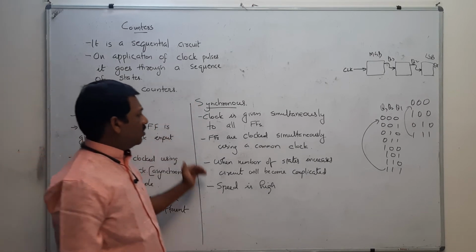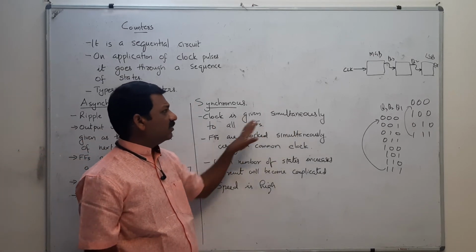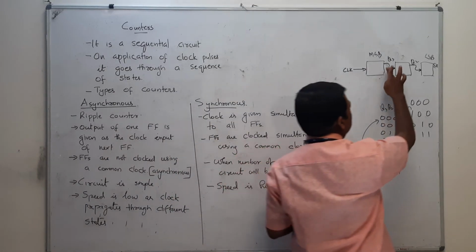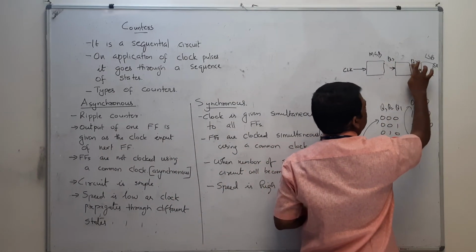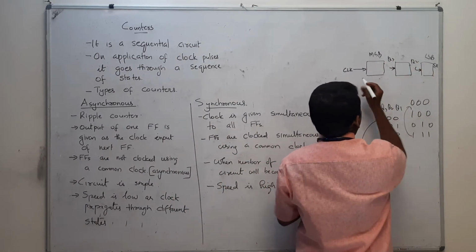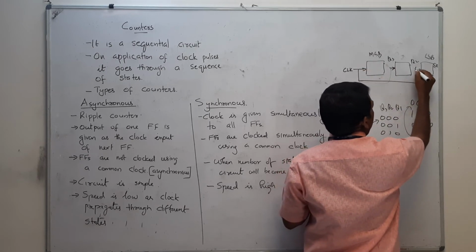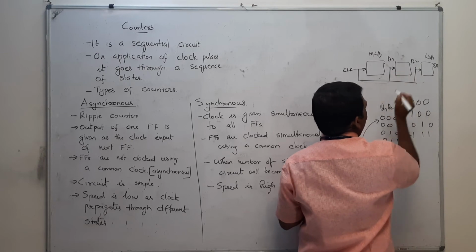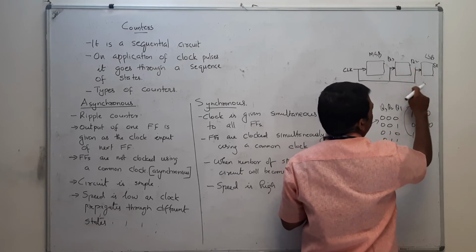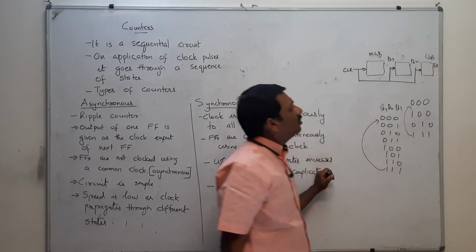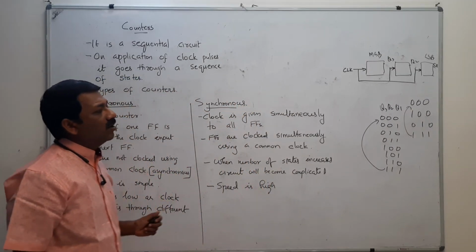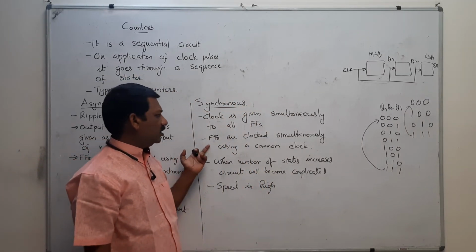In a synchronous counter, clock is given simultaneously to all the flip-flops. See, suppose that here, and this is the common clock. Now we are applying this common clock to all of these, and now this is a synchronous counter.